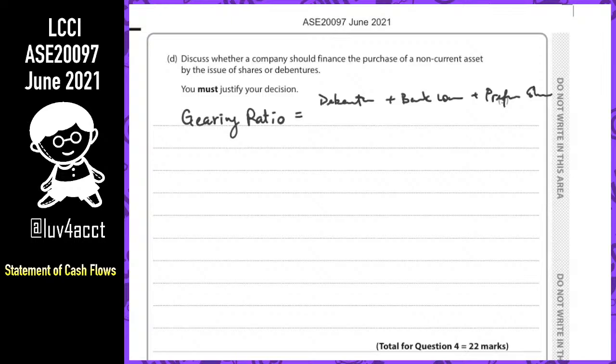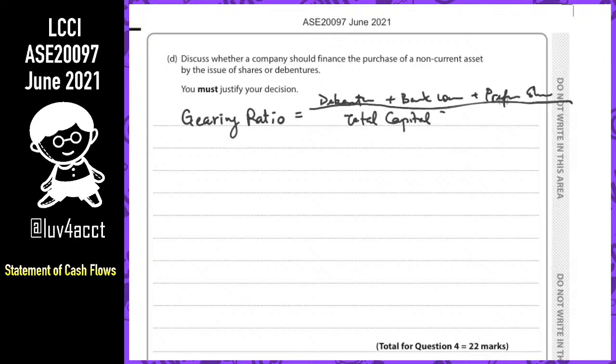You have to pay the percentage of interest or dividend before you pay your ordinary dividend. So these are called fixed cost capital. So gearing ratio is over total capital employed.